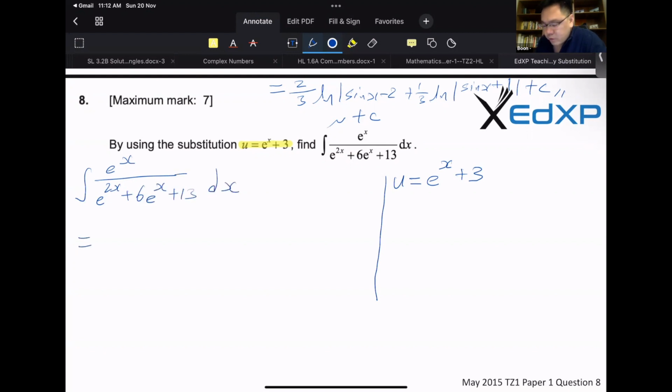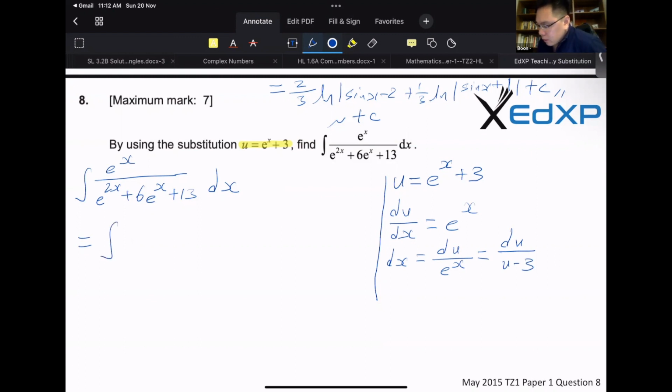So the whole idea is to replace our x's with u's. So I need to differentiate u. Always, please do that. So du dx is e to the x, and making dx the subject, I get du over e^x. And we notice that we can replace e^x with u minus 3. So the whole idea is to change everything from x to u.